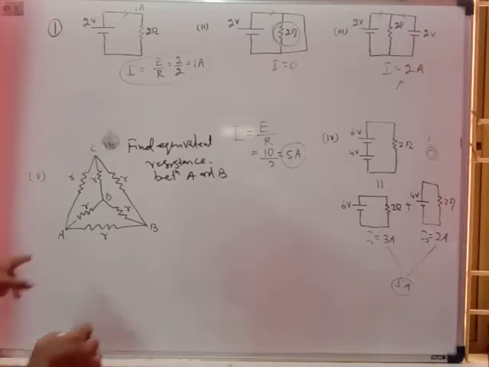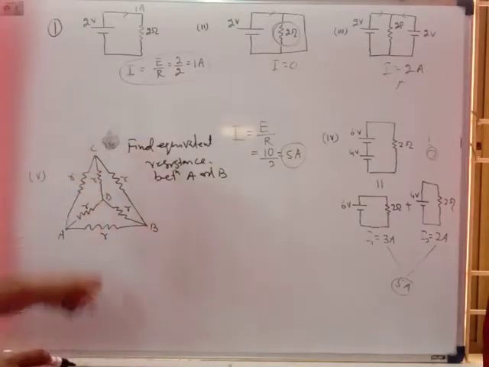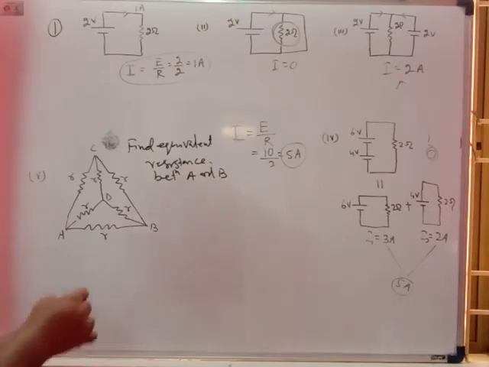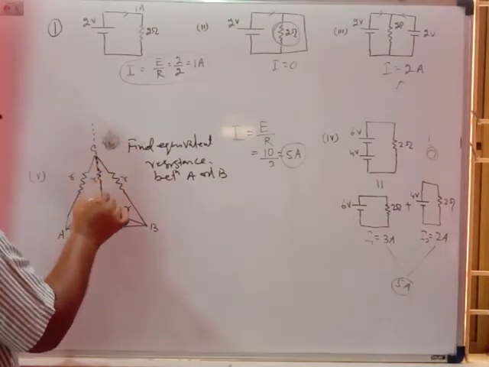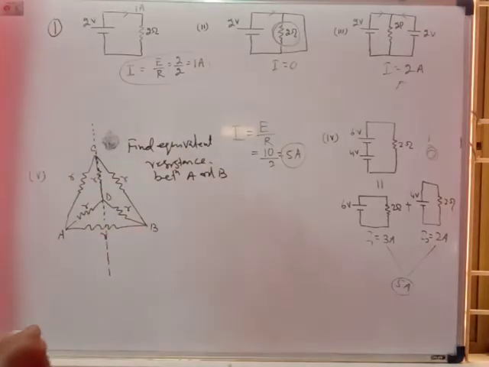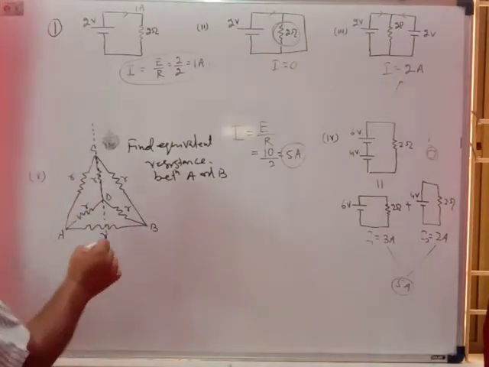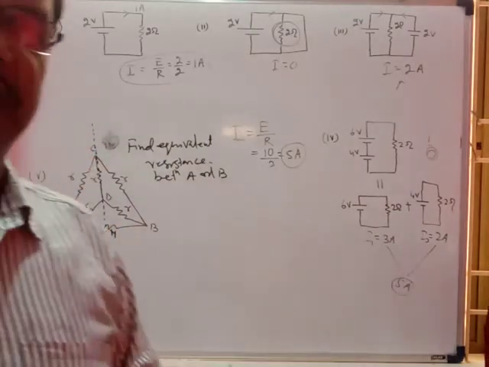Because the terminals are A and B, if you divide the total circuit in this manner, you will find it is looking symmetrical. It is a symmetrical circuit. The points C, D, N, all the symmetric points, have equal potential.